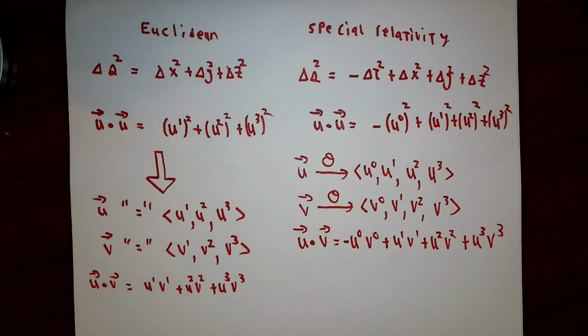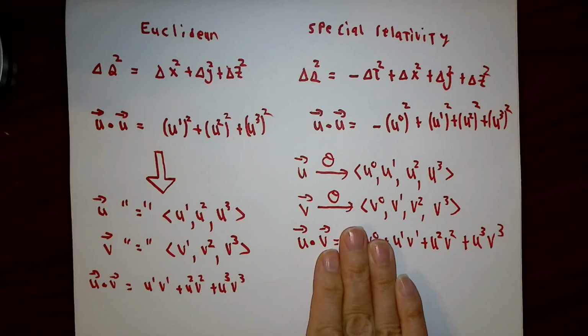By way of analogy, in special relativity using Minkowski coordinates, if I have the components of 2 vectors with respect to O, I'm going to define the dot product of the 2 vectors to be, if there were no time component, just the usual Euclidean dot product.